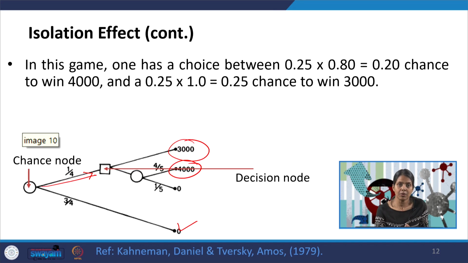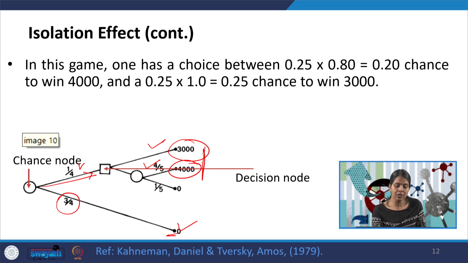So, in this game one has a 0.25 multiplied by 0.8 equals 0.2 chance to win 4000 and 0.25 times 1 to win 3000. This is because there is a 3/4 or 0.75 chance of ending the game.